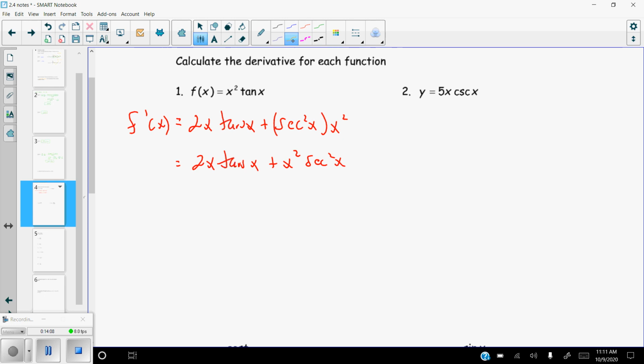Okay. All right. The derivative of number 2, y prime. Again, 5x and cosecant x, 2 functions. So the derivative of the first is 5 times the second, cosecant x, plus the derivative of the second one.